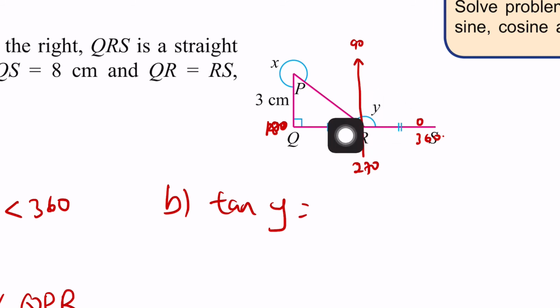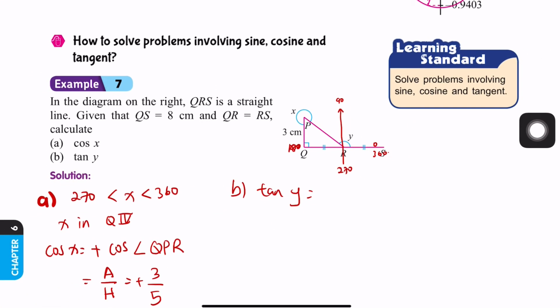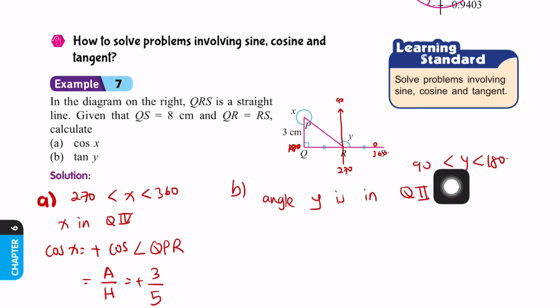So Y is actually in the second quadrant. So boleh tulislah tangent Y, angle Y is in quadrant 2. So nak tulis macam tadi pun boleh. So Y is actually between 90 and 180. So quadrant 2 lah.